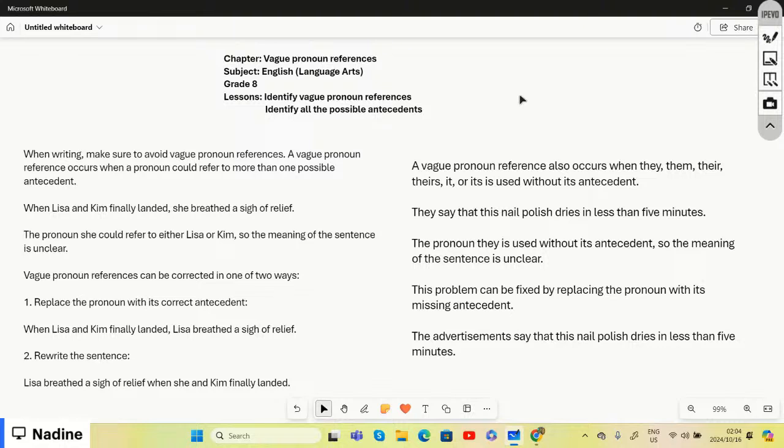We're doing grade 8 high school advanced writing. And then the lesson that we are going to be focusing on under the chapter of vague pronoun reference is to identify vague pronoun references.